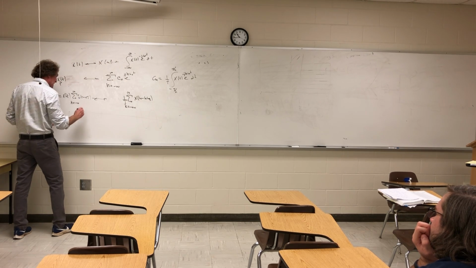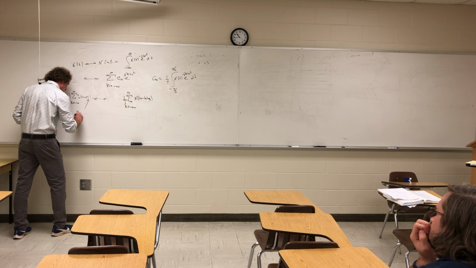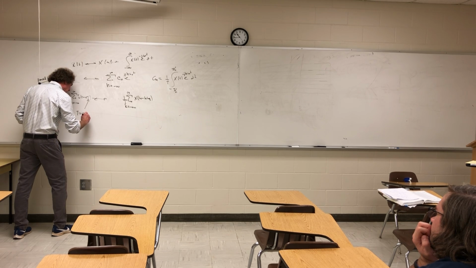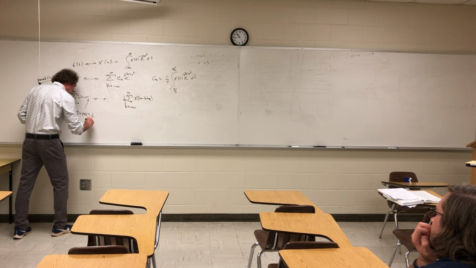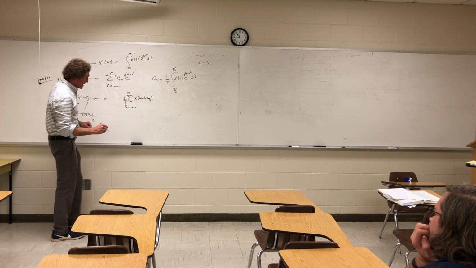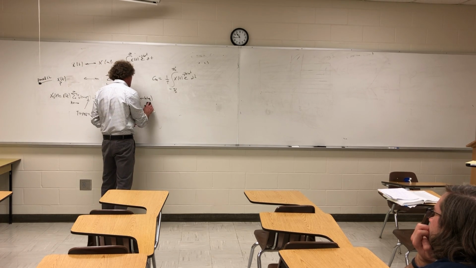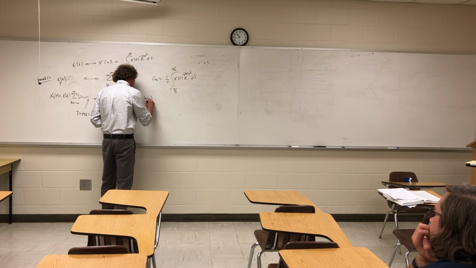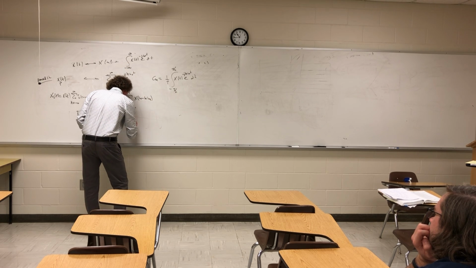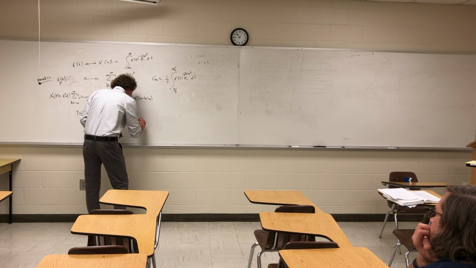And I can say that this T is the PRI, and it's equal to 1 over the actual sampling frequency. And this would be the sampling frequency, right? Omega S here will be equal to 2 pi Fs.